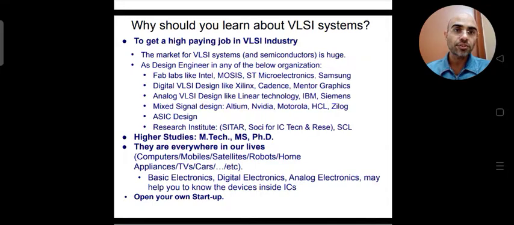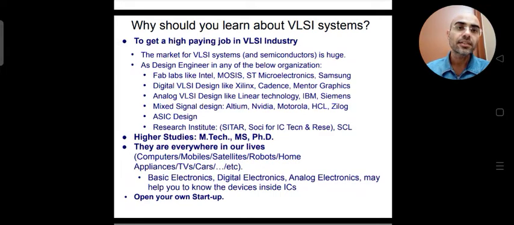Apart from design engineers, people are also able to get jobs in the fab labs as fab engineers. In the fab labs, whatever design is provided, whether digital, analog or mixed signal, if the fab has the facility to fabricate these circuits, then the engineers working in the fabrication laboratories do the fabrication work for the designs provided by the design engineers.